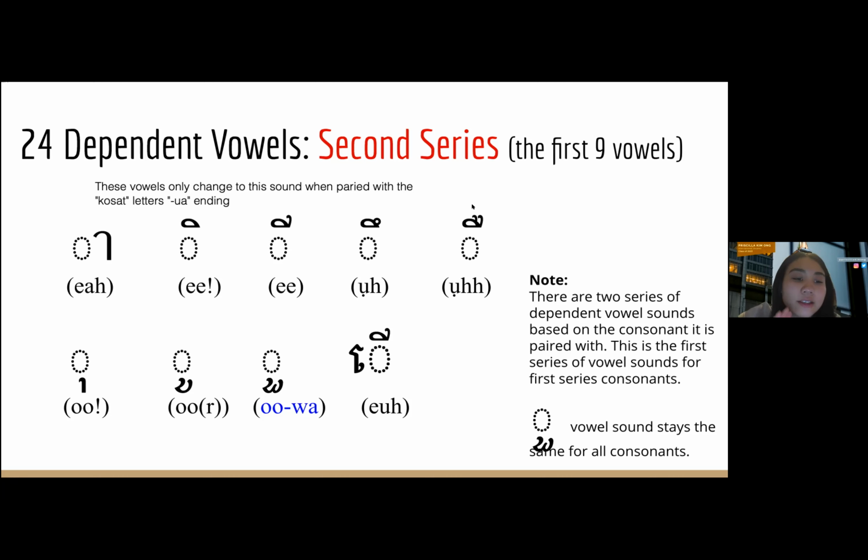It's still called sra a, but the phonetics in the parentheses are just the sound that it will make when it's paired with the kosat letters. When you're writing your notes, it's not a whole other set of vowels, but just the sound that it will change to. You can write it that way, but when you're referring to the vowel, it's still sra a, sra e, sra a, sra o, like the first row. So yeah.